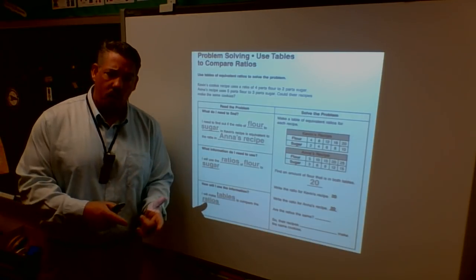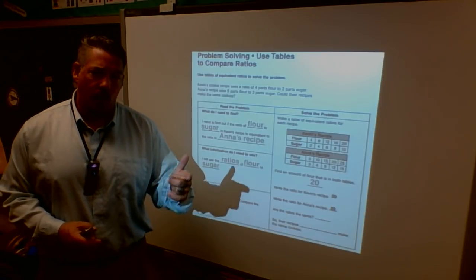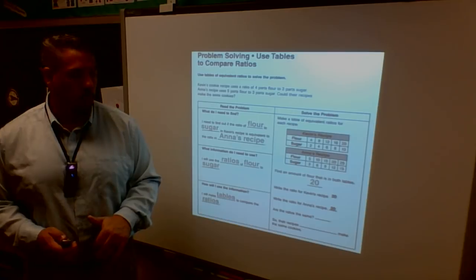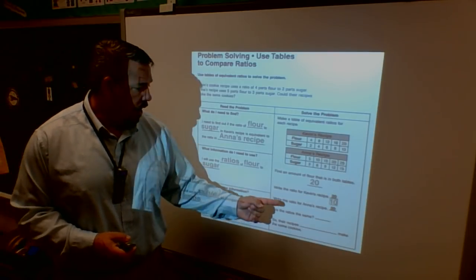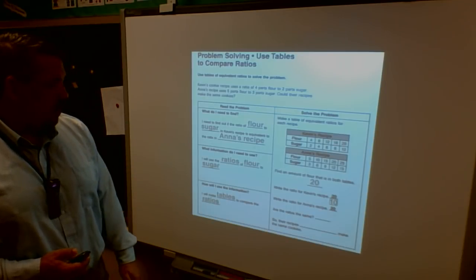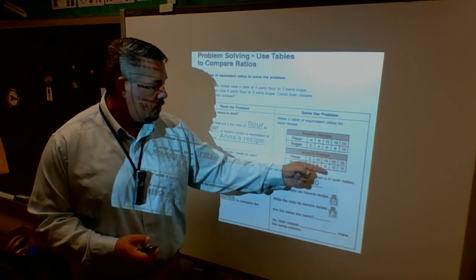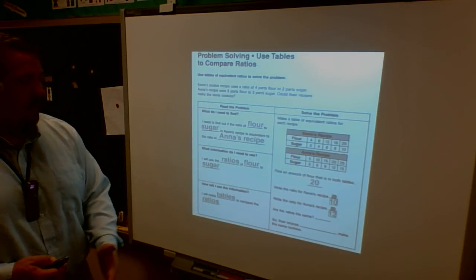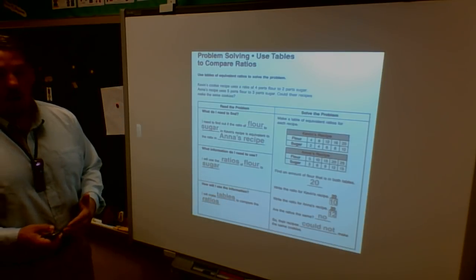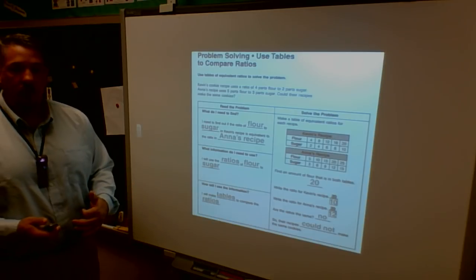If they are equivalent, and the numerator is 20 and they're equal, then my denominators would have to be equal as well. When I look at Kevin's recipe, I have 20 to 10. And when I look at Anna's recipe, I have 20 to 12. So they're not the same. Okay? So their recipes could not make the same cookies.